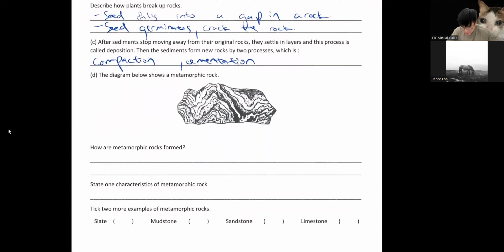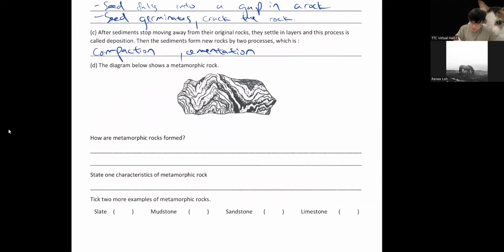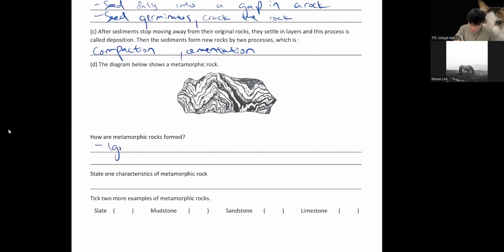So next, this is a metamorphic rock. How are metamorphic rocks formed? They are actually formed from your igneous or sedimentary rock, the parent rock, under many years of pressure.